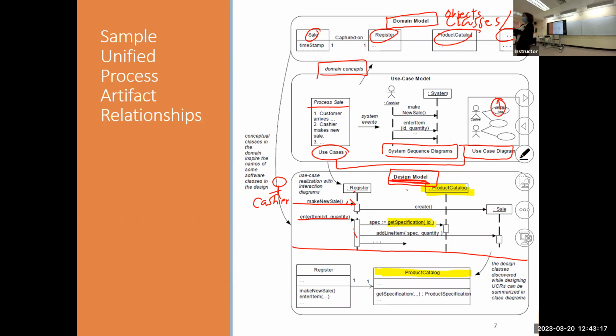An object of a product catalog would have the ID and the product specification, right? The size, the item, the width, the weight, and very many things, the description. So this method get specification would return the specification of a particular product ID.